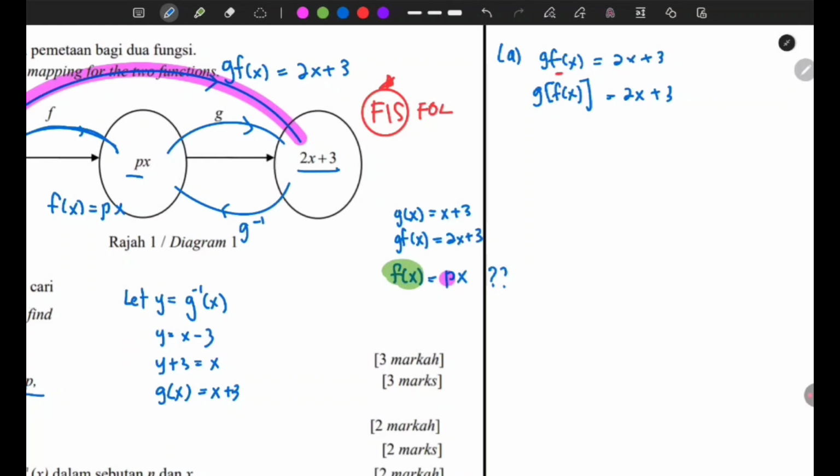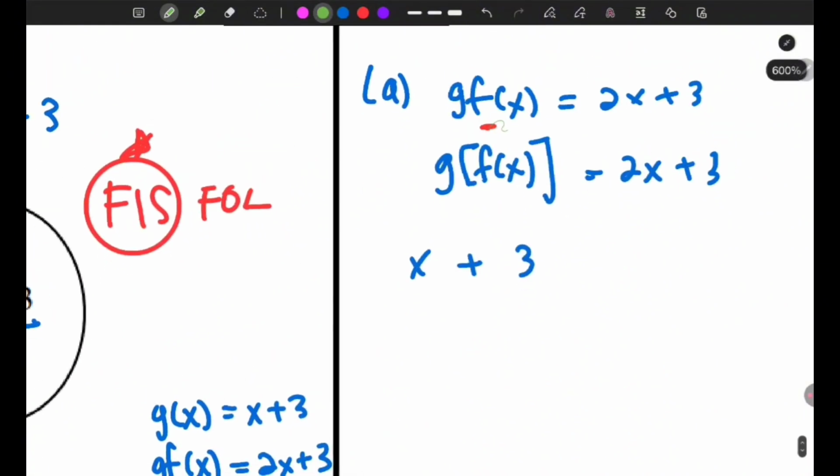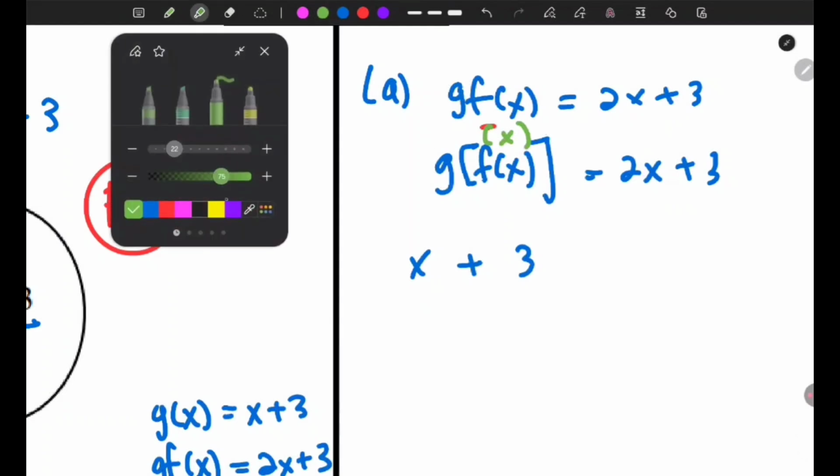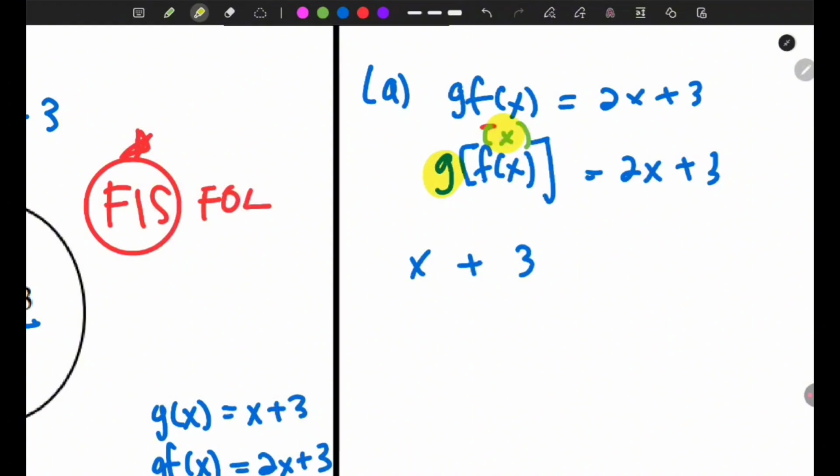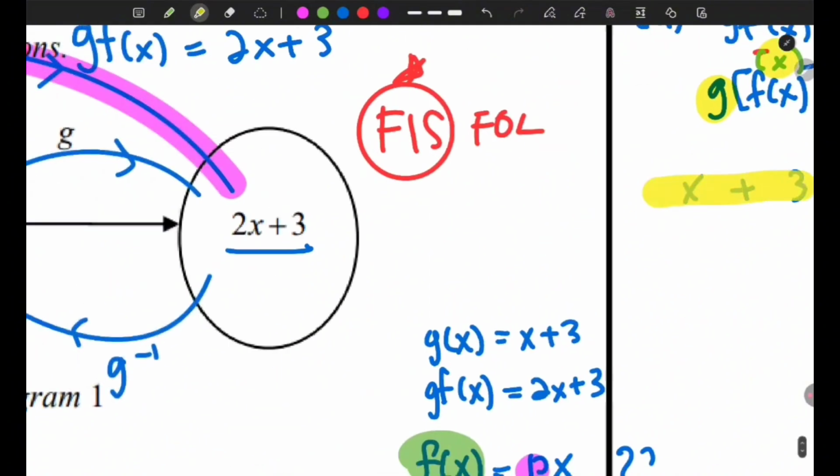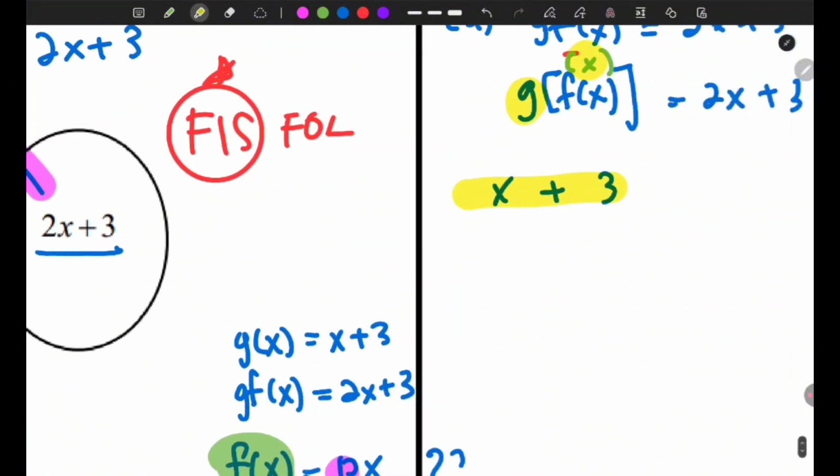And your f(x) is, I don't know, but I know my g(x), which is x + 3. And I told you, substitute for f(x), substitute means treat whatever inside the bracket like an x. It's like your g(x). So what's your g(x)? x + 3. But now your x, it's not x anymore, it's actually f(x).